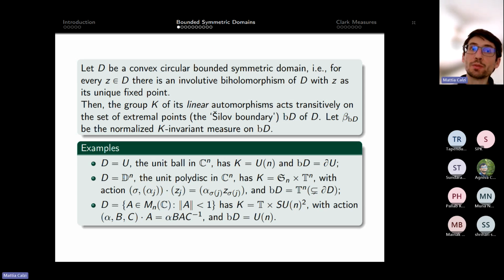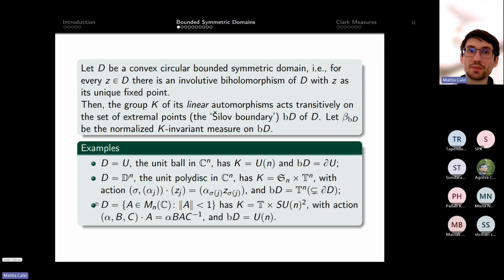If you consider the unit polydisc in C^n, then in this case, K may be described as a product of the n-torus, which acts by component-wise multiplication, and the group of permutations on n elements, which simply permute the variables. And the Shilov boundary is the n-torus. Notice that this is strictly smaller than the whole boundary.